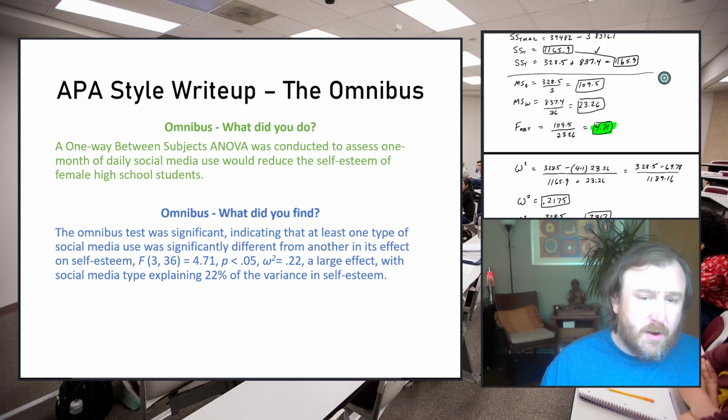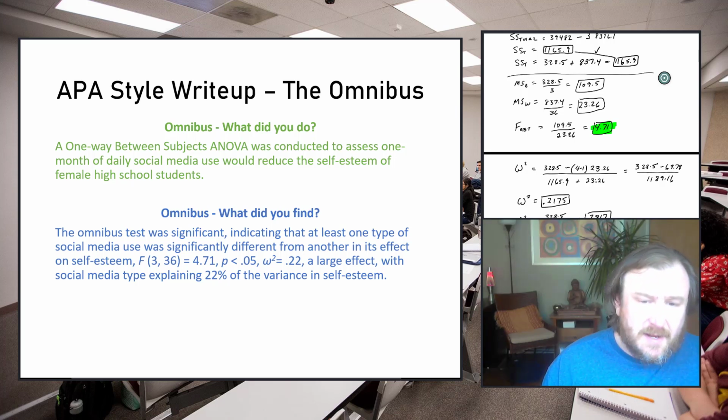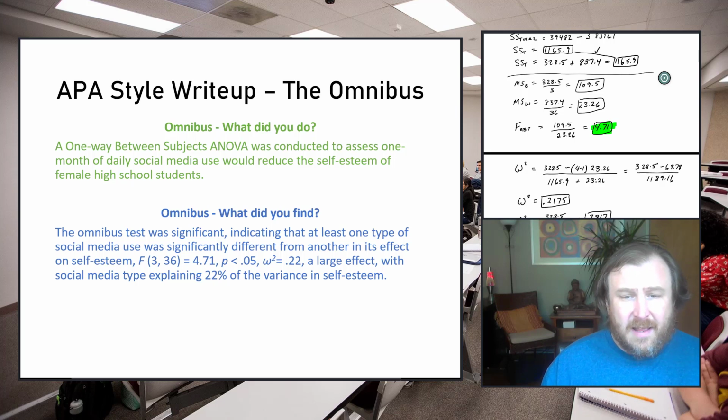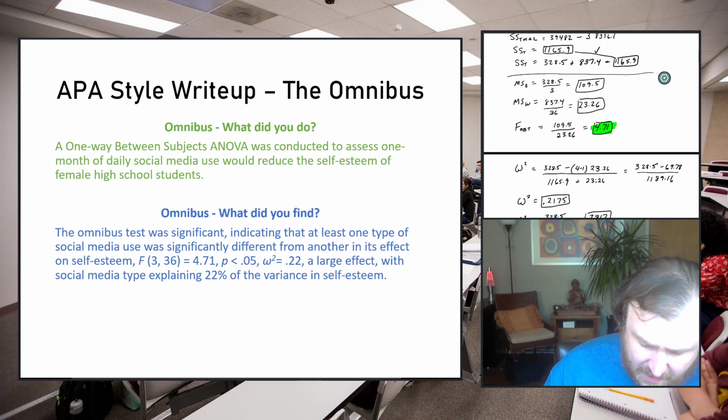Now we could report omega squared or eta squared. Typically, eta squared seems to be more common in the published literature. However, omega squared is definitely gaining in popularity, and it's certainly an effect size measure that is more robust and more conservative than eta squared. So I reported the omega squared here, and we got that.